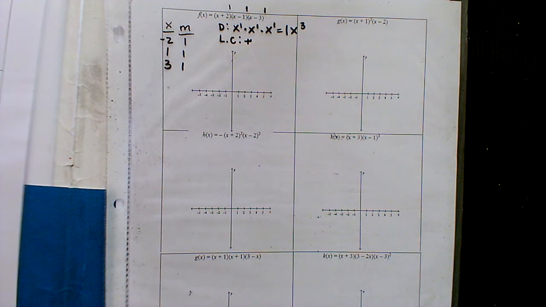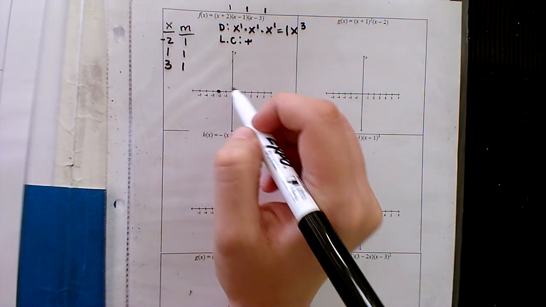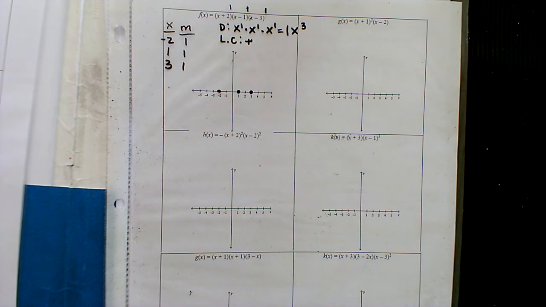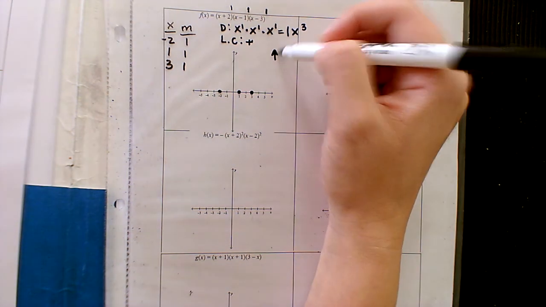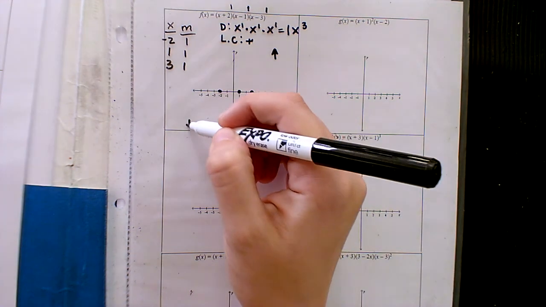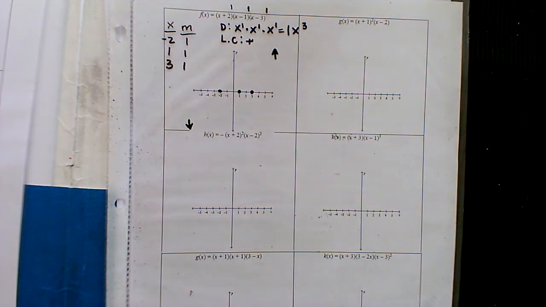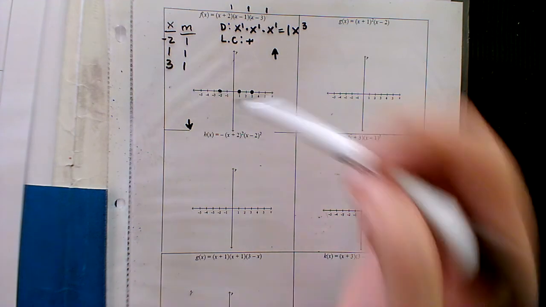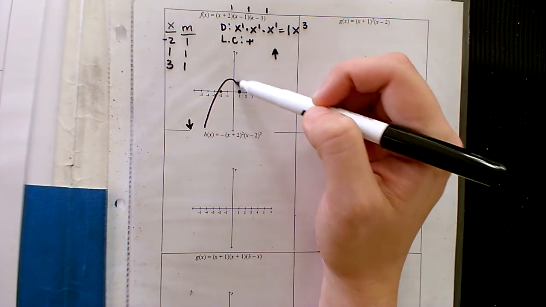So let's try to draw this graph. We can go ahead and plot the x-intercepts. Positive leading coefficient, right side is going to go up. If we have an odd degree, the left-hand side is going to go down. So we have to follow the end behavior, playing connect the dots, and at each x-intercept we're going to go straight through based off the multiplicity.